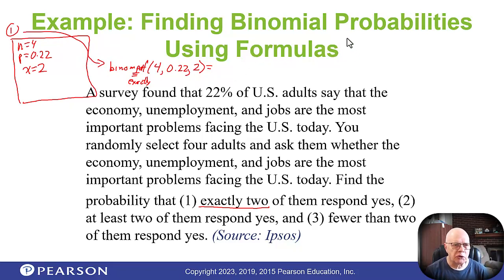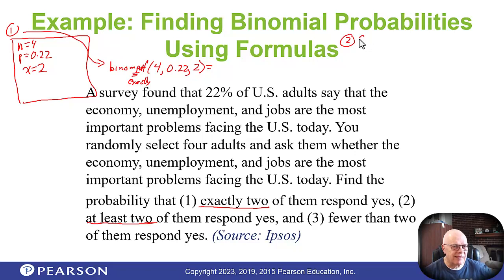Let's take part two over here. Now we're doing basically the same thing, but what are we interested in this time? This time we're interested in at least two. At least two. Okay, we're going to do this a little bit differently. First of all, we're going to make a list of the possibilities. Well, if we selected 4 adults, how many of them are likely to say that those are the most important problems?